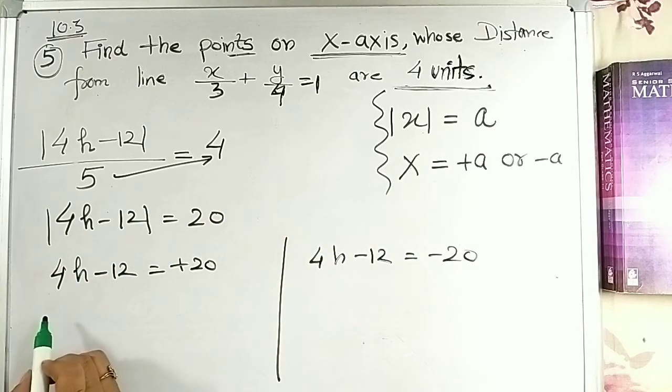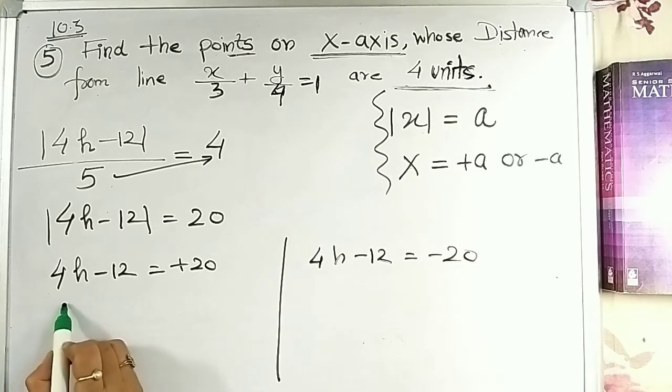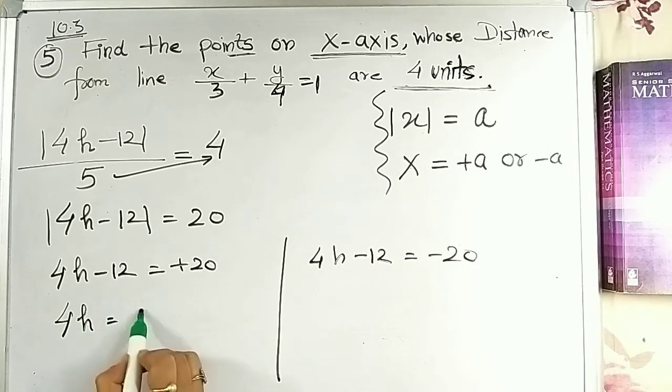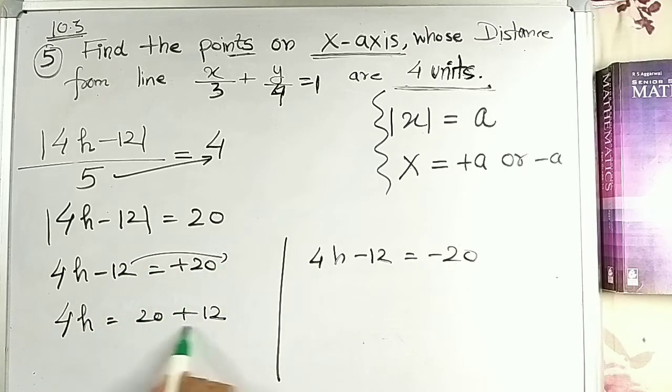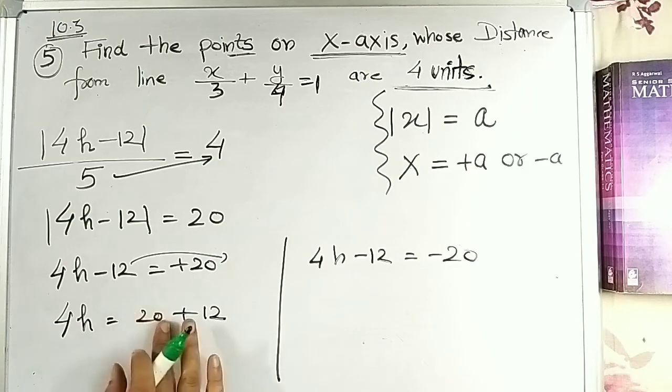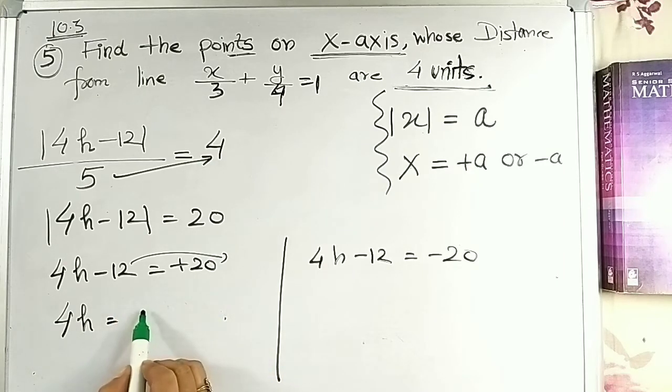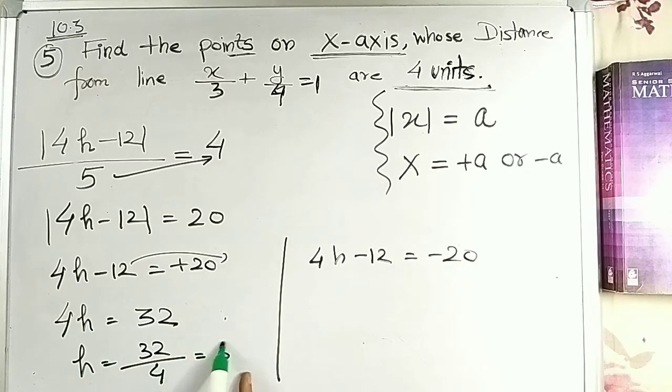Okay, so here it is. I am getting 4h is 20 plus 12, this side. And what is 20 plus 12? It is nothing but 32. So what is h? 32 by 4, which is 8.